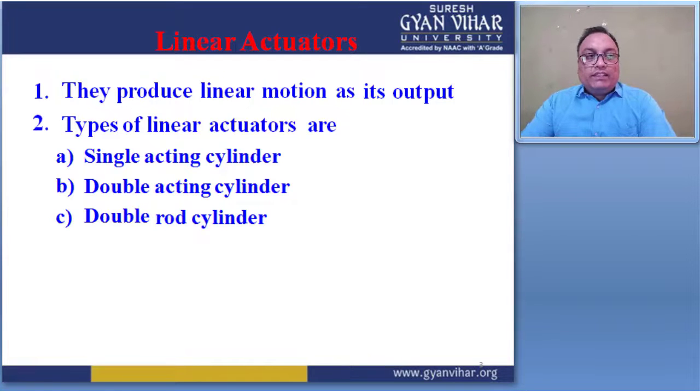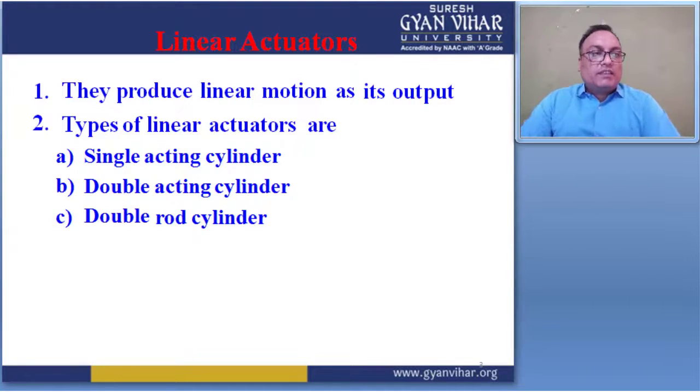But in this case it is a direct conversion of energy, meaning it converts hydraulic energy into the linear motion of the workpiece, right? So these are the different kinds of actuators.